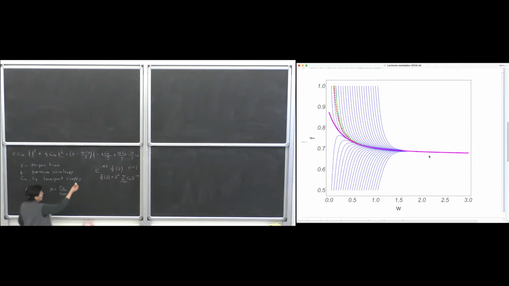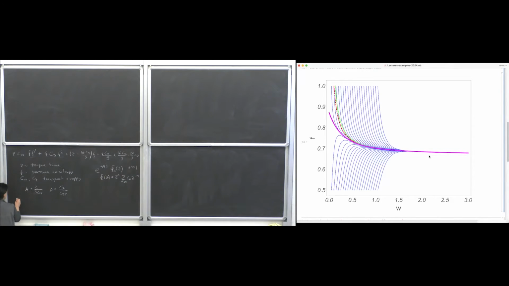Which means that what I will have is something like this. And the final solution is going to be a power series in late times, but also a sum over all the exponentials. It's like Airy, but instead of 2 exponentials, now we have an infinity of them.